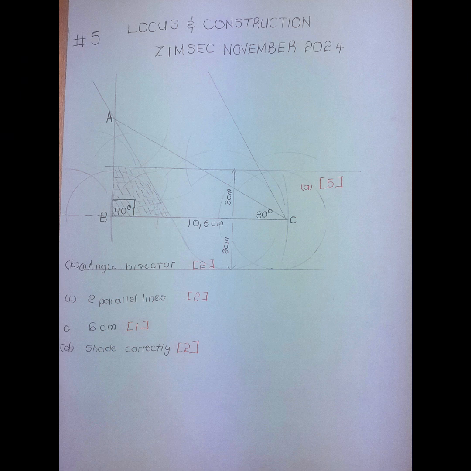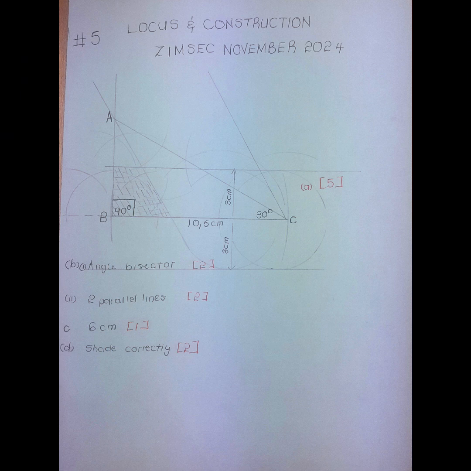And then after that we construct our 90 degrees from B, and then from C we construct 60 degrees. We then construct an angle bisector of 60 in order to get 30. We then join C till it reaches the vertical line from B. That is going to be our triangle ABC.